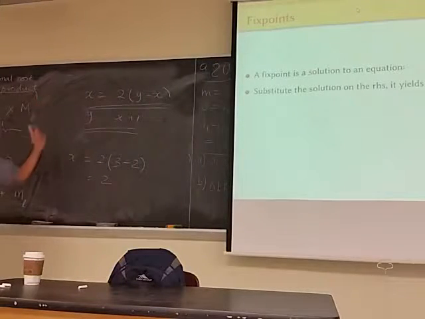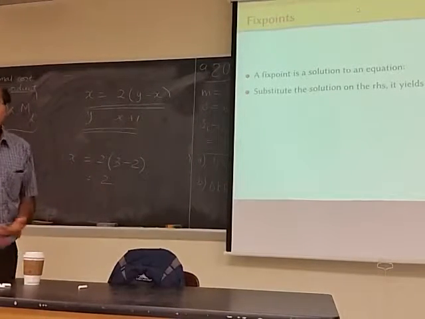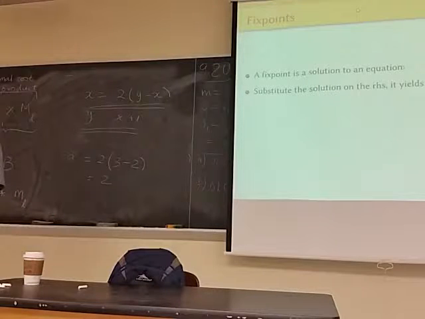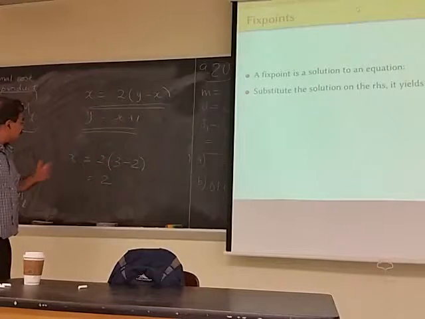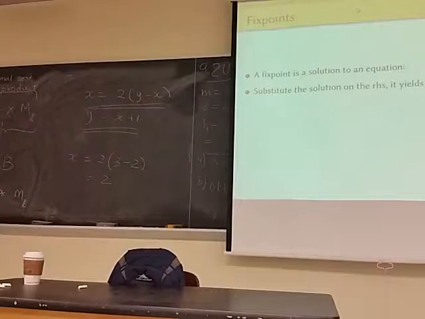So the definition of a solution is that if you plug in the computed solution on the right hand side, you will get the right value for the left hand side. Okay? So that is the definition of a solution, and that's why it's called a fixed point, because once you find this and you keep substituting, you will get the same value back.